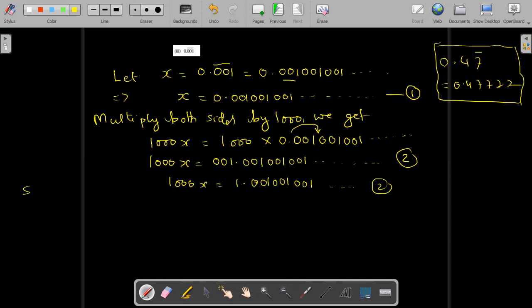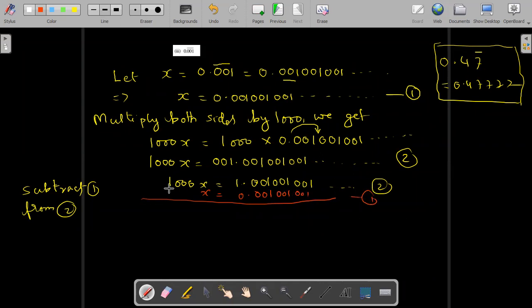And then subtract. Yes, Imran, subtract 1 from the second equation. The first equation will be written here: x is equal to 0.001001001.